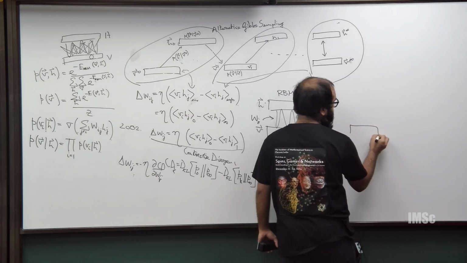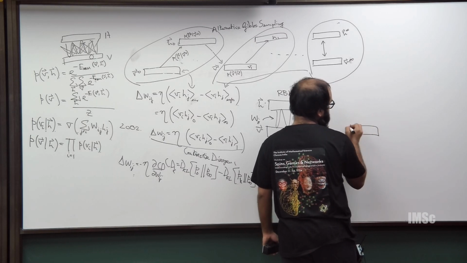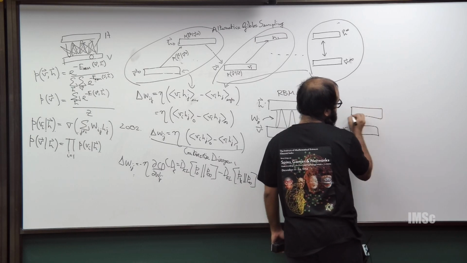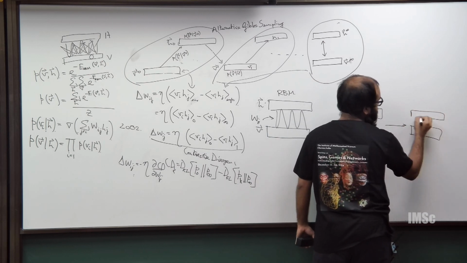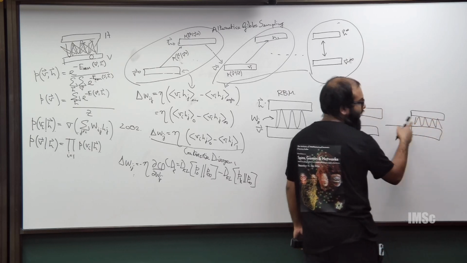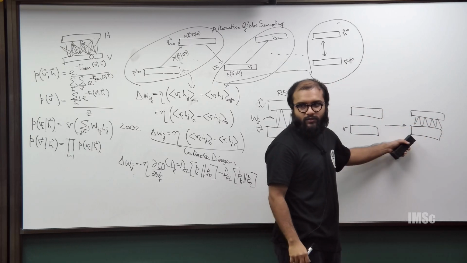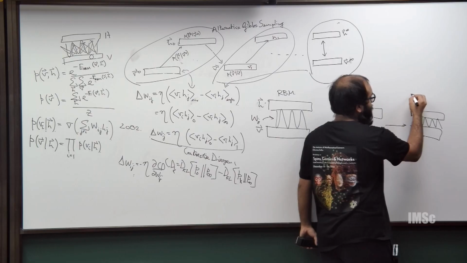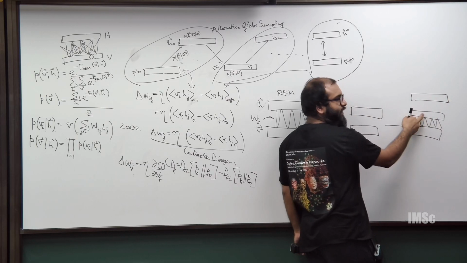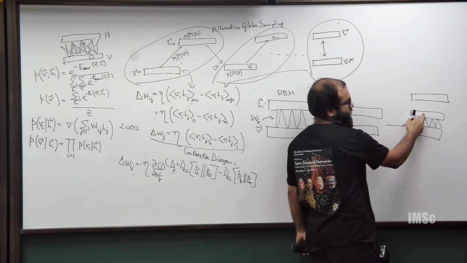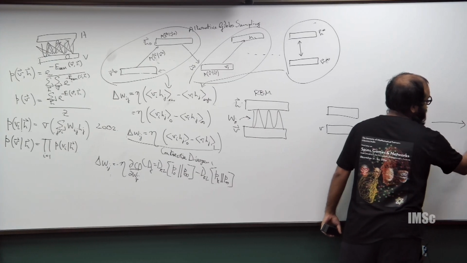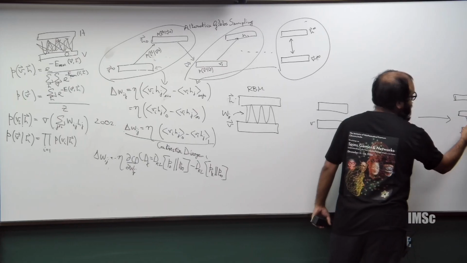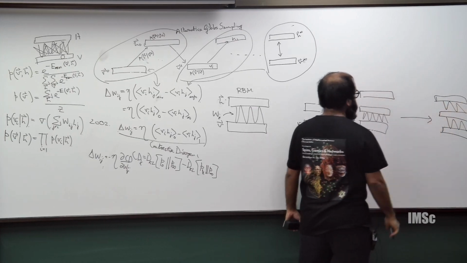In step 1 you learn a weight, 1 RBM, you learn this weight using the RBM. Step 2, you take this hidden layer activity as a visible layer and then learn the next layer of weights, right?